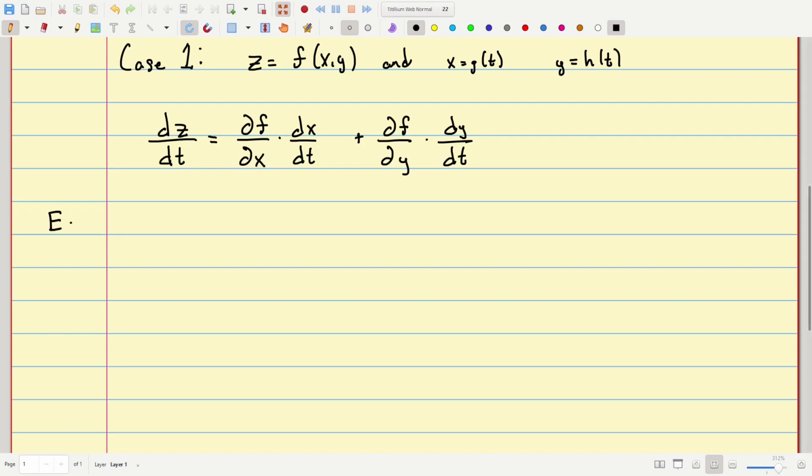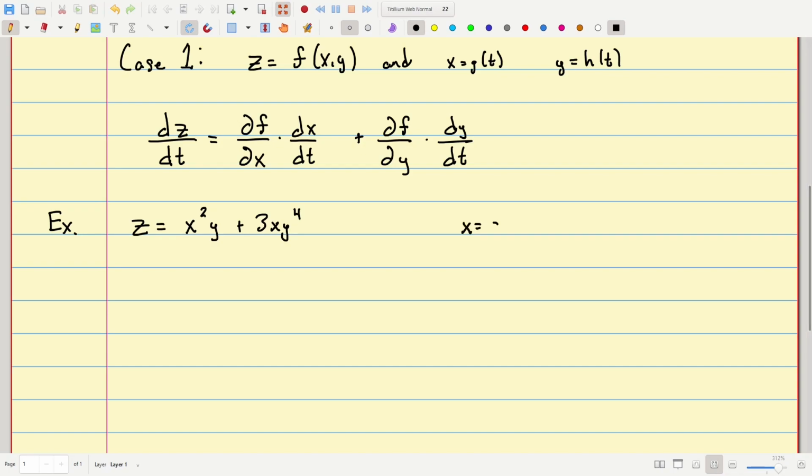Well, let's do an example here. So we'll take z equals x squared y plus 3xy to the fourth power. Okay.